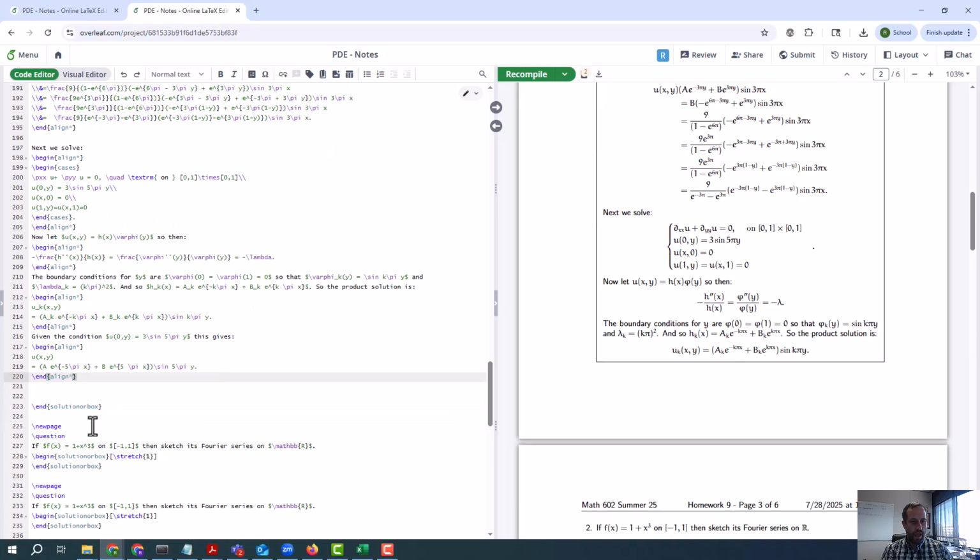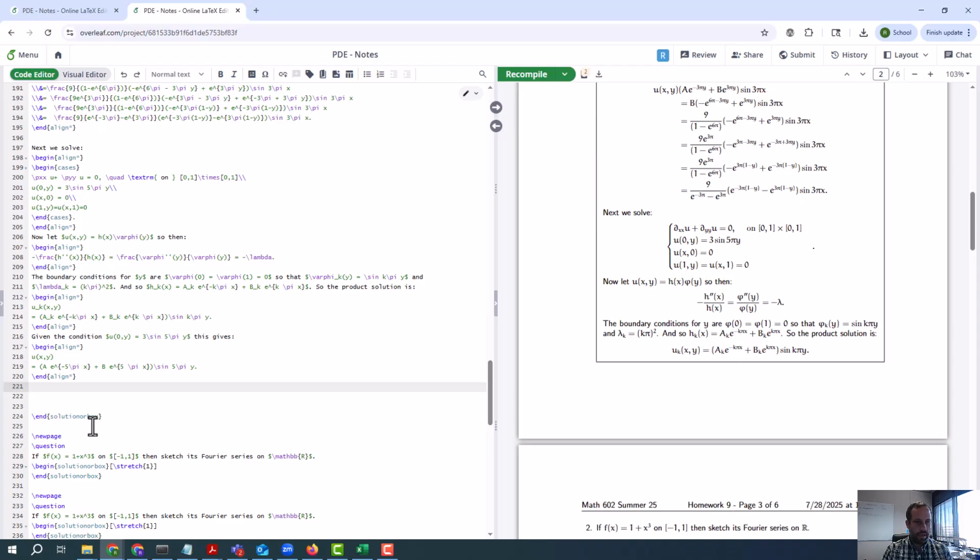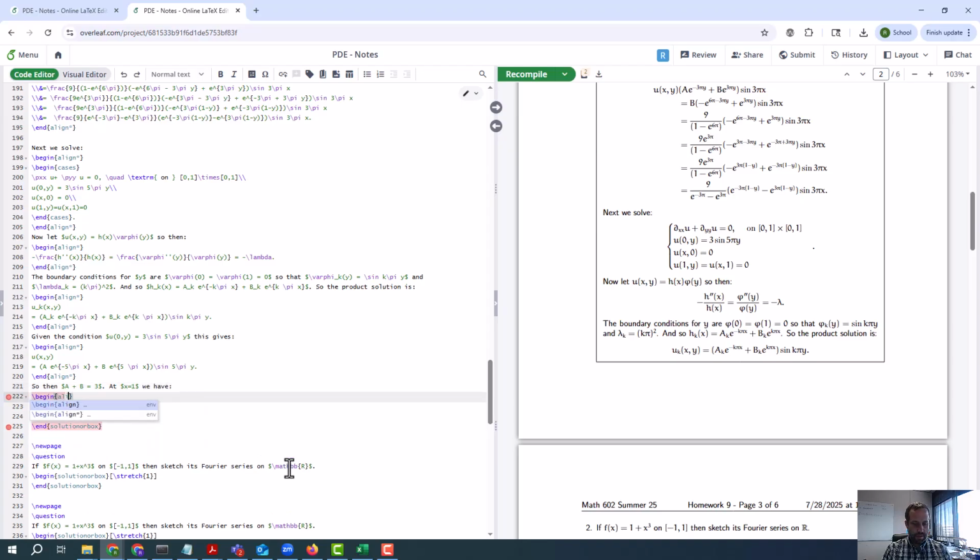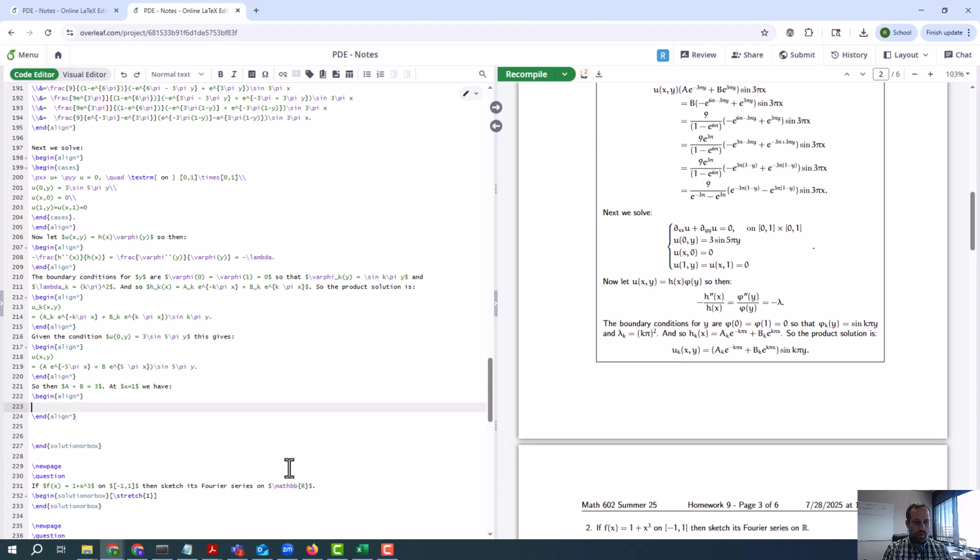Okay, the conditions. If we plug in x is equal to 0, we get a plus b, and a plus b is equal to 3. At x equals 1, u is equal to 0.